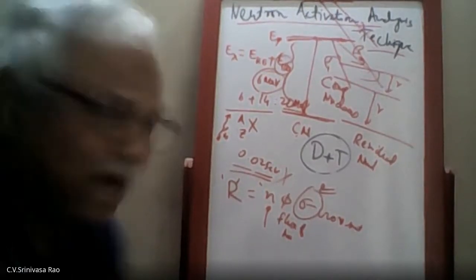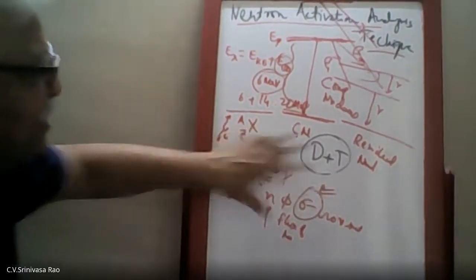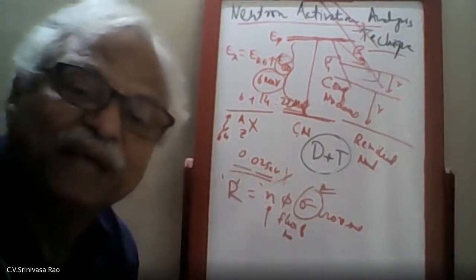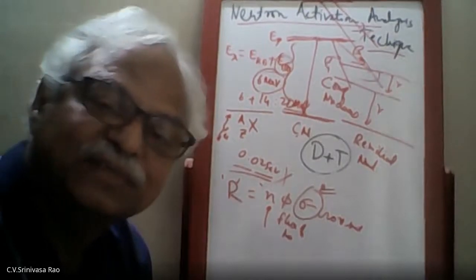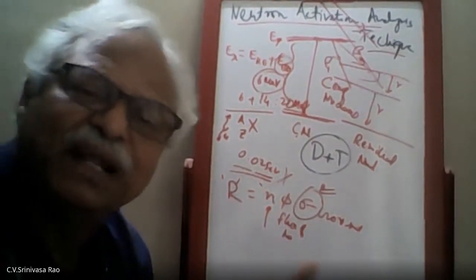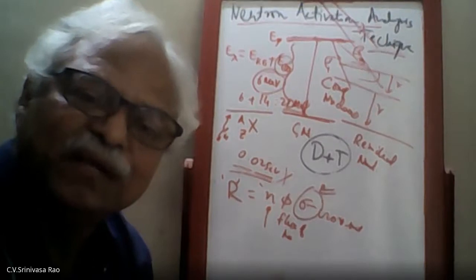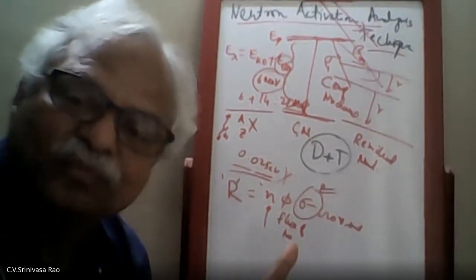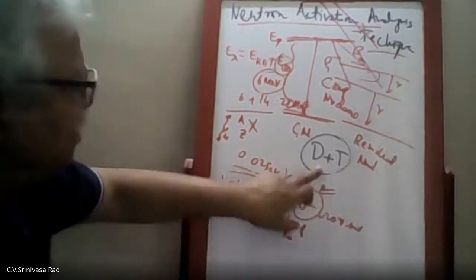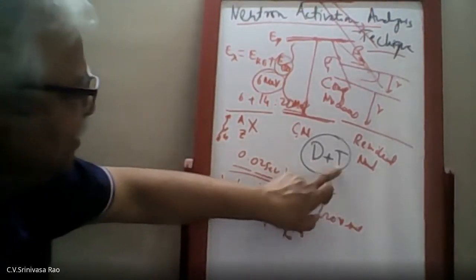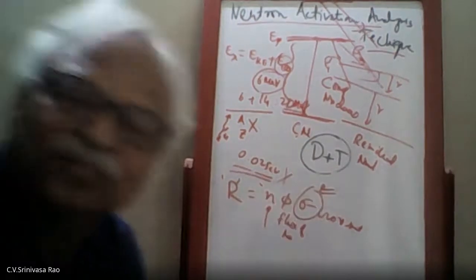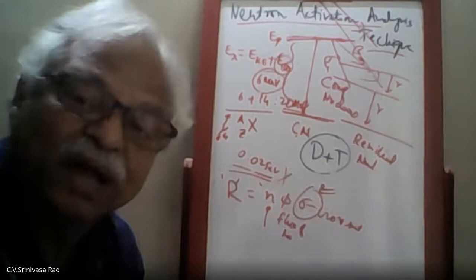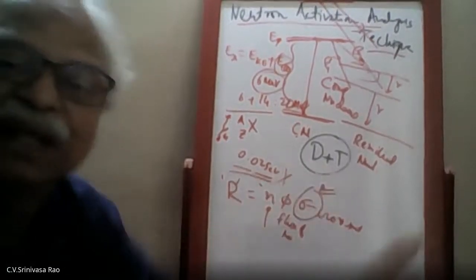Though I had knowledge about neutrons, I didn't have knowledge about what happens when you mix two gases, deuterium and tritium. Deuterium and tritium are like hydrogen. Chemically, they behave like hydrogen. Only physically, their masses are more. Deuterium has one neutron extra, tritium has two neutrons extra, so it is a heavier atom compared to a proton.